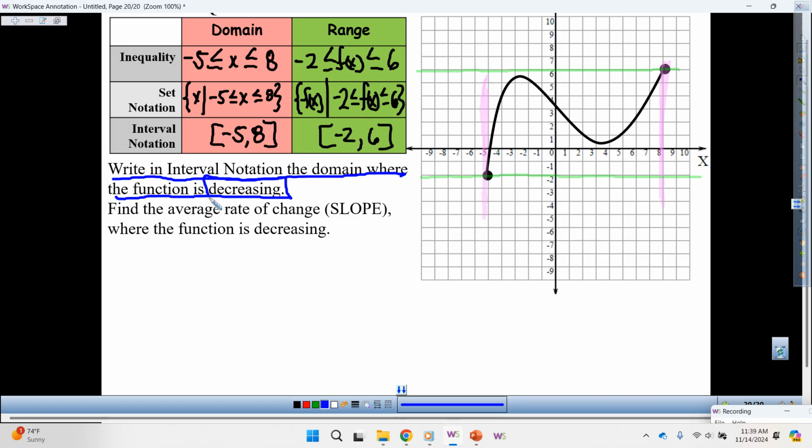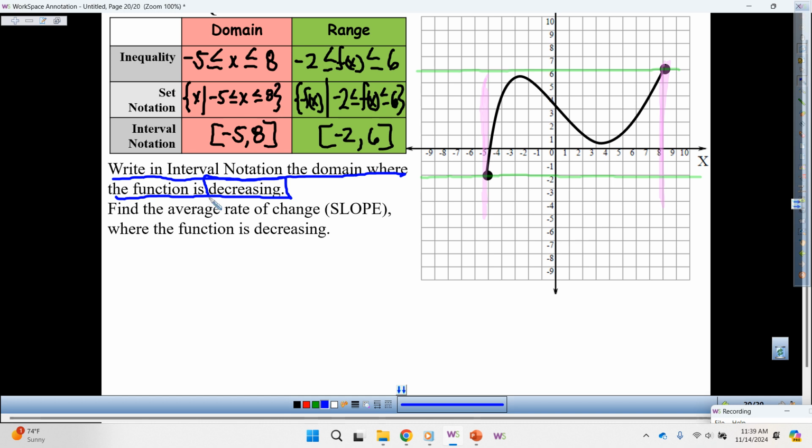All right, share with your neighbor between what X values that function is going downward, or decreasing. Looks like Maydeen's got it. Very good, Maydeen. So let's go with Monte.